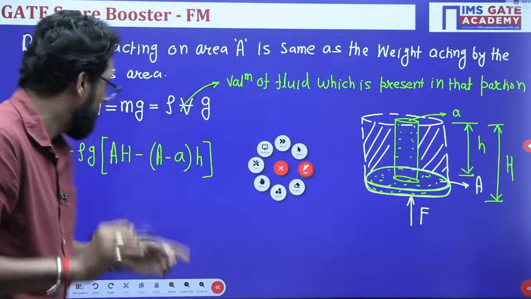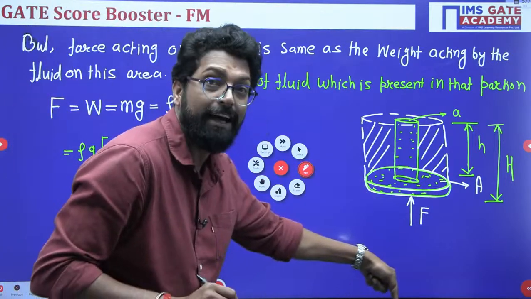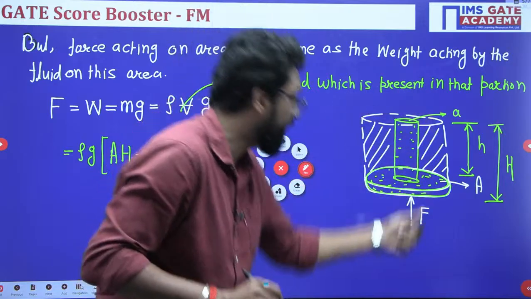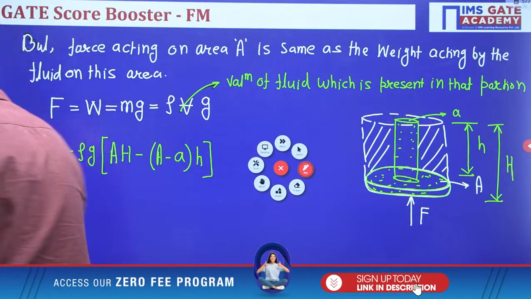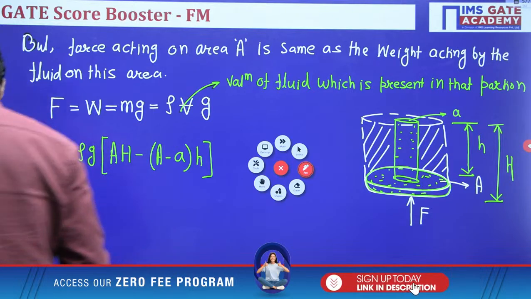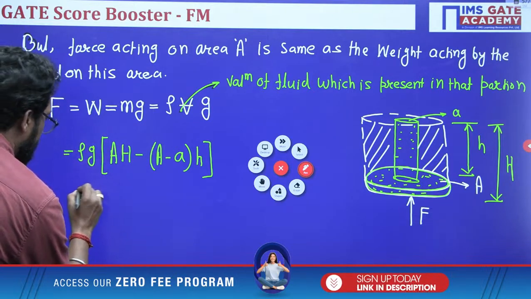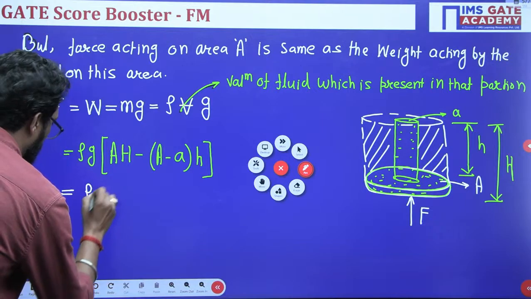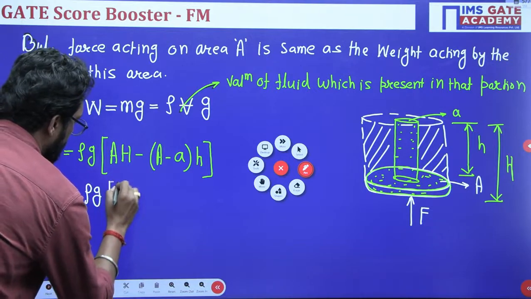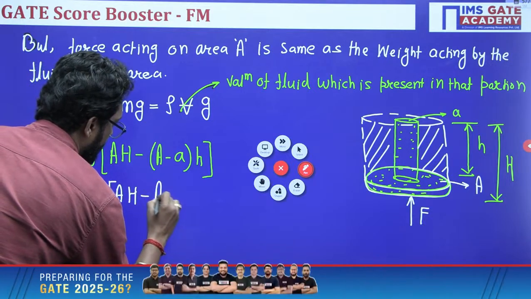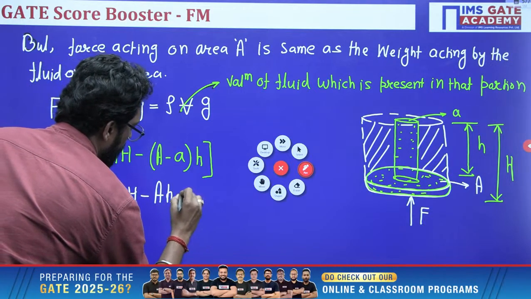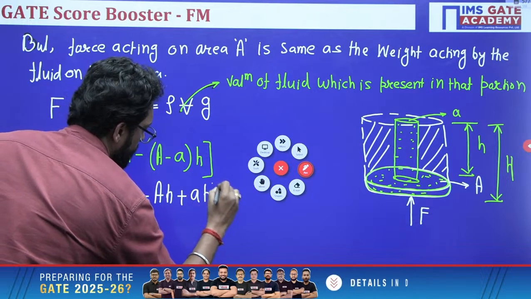So that is the total weight which is exerted on the platform, and that weight will be balanced by this force F. So if you calculate this one, beta, rho g into A H minus a small h plus a small h. Yes or not?